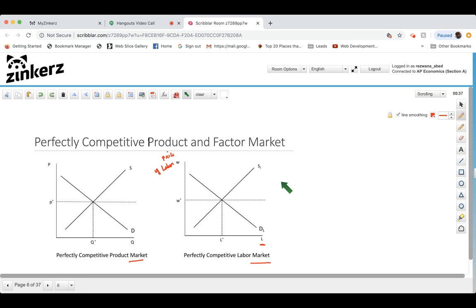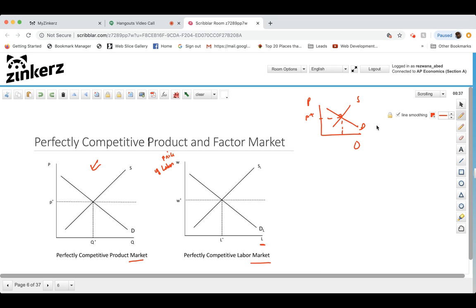That's going to look a little different, as you can remember from perfect competition. We had the product market, the supply and demand, and how the equilibrium price and quantity were determined.